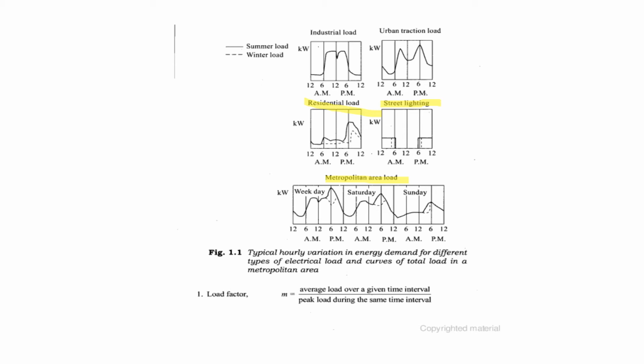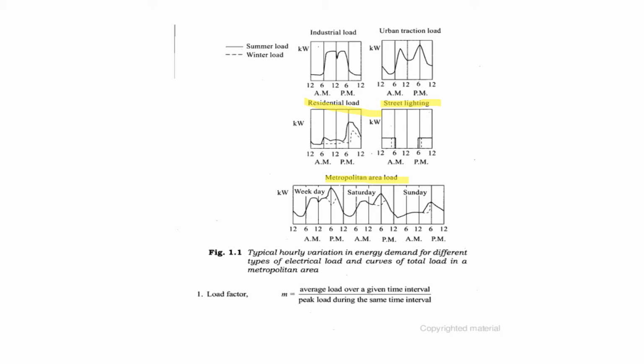If you look at this graph, in the residential area, the power consumed will be maximum during the period 6 to 6. Whereas the street light will be operated only in the night, that is 6 to 6. In the metropolitan curve, after evening 6, we will be getting the peak demand.